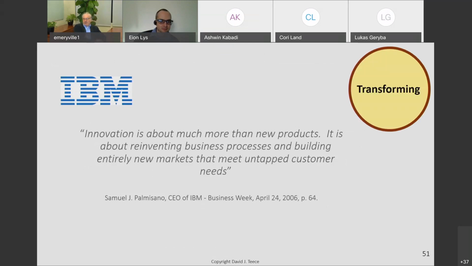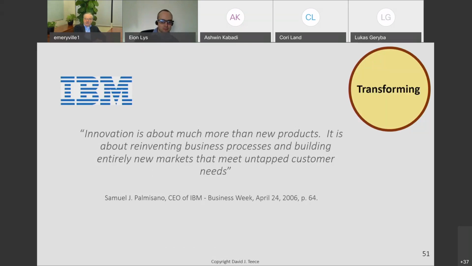IBM's done it once. The question is, can it do it again? And Sam Palmisano, who's been gone for quite a while, points out that transformation and innovation in general is not just about the technology. It's about invention, yes, but not just inventing technology.